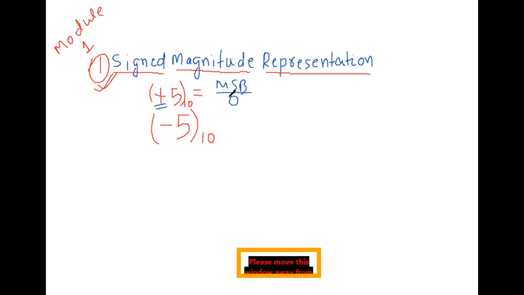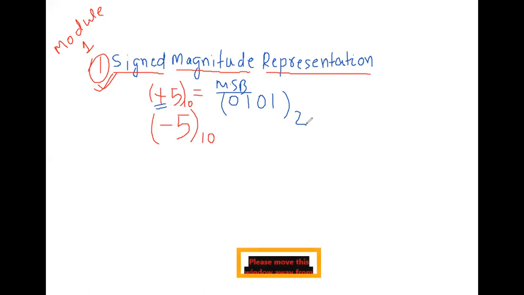It is 101. Yes or no? So for +5, plus means MSB bit is 0, and the number 5 means binary conversion is 101. So the +5 binary conversion is 0101.